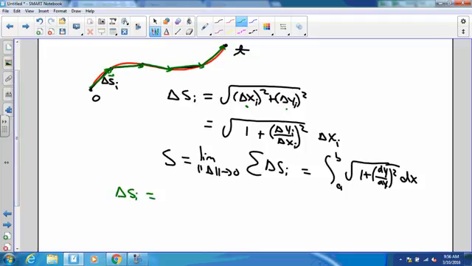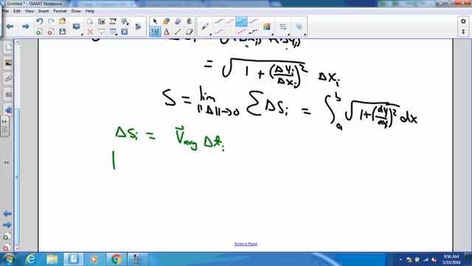So where are we going to go with this? Since each one of these is a displacement vector, what I can do is write for each delta s sub i the magnitude of that delta s sub i as the average velocity times delta t sub i.